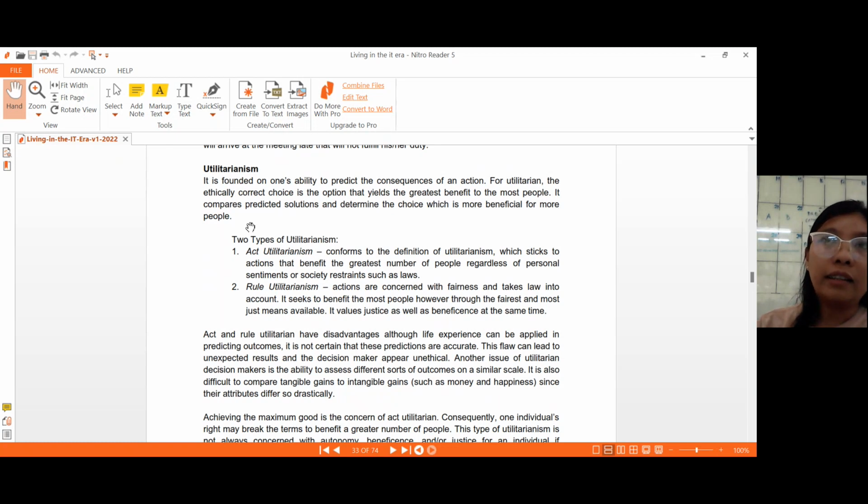So, yung 100, ang ginagawa sa movies, binobomba sila, pinapatay sila, para iligtas yung thousands na hindi pa infected. Utilitarianism, choosing the majority, okay?